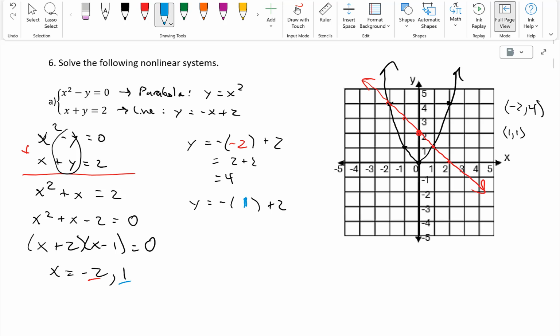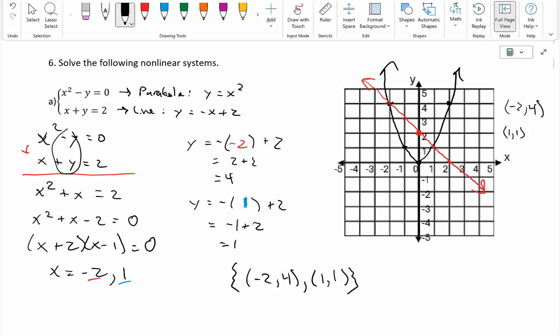Make sure you keep your x and y organized so you know which set goes together. The negative 2 goes with the 4. And for this one, we can see negative 1 plus 2 will give us a 1, goes together with a 1. So our solution set are the points negative 2, comma 4, and 1, comma 1.